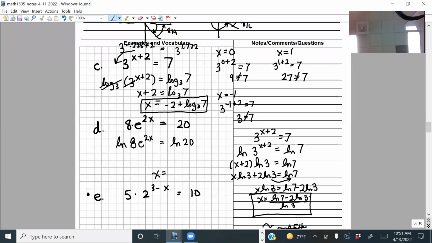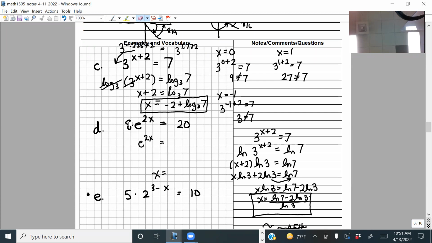So my recommendation is to get rid of the 8 first. It's not really my recommendation, it's really necessary here. How can you get rid of the 8 from the left-hand side?